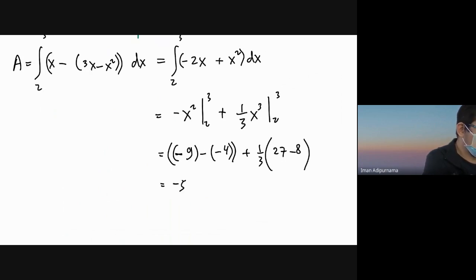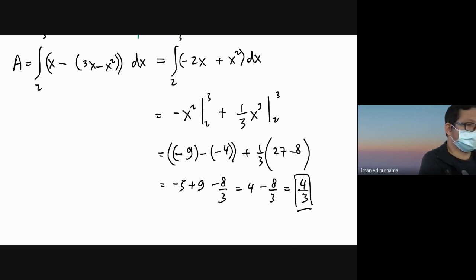Minus 5 plus 9 minus 8 over 3. So it's 4 minus 8 over 3, or 12 minus 8, 4 over 3. That's our answer.